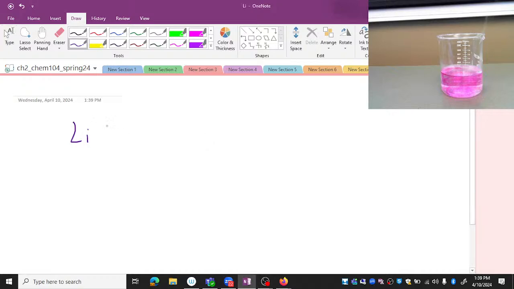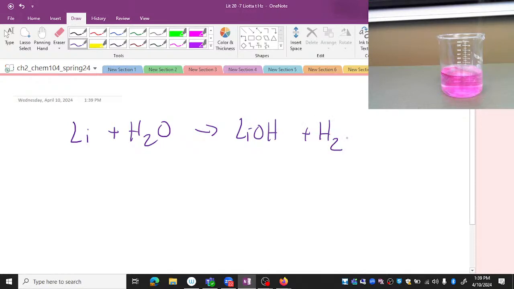So if we add this and we make lithium hydroxide, and then the gas that you see is H2. And so the pink, so I added phenolphthalein, that's just an indicator that tells us that we have base. And so lithium hydroxide, those hydroxide ions are basic. So that's what's giving us our color.